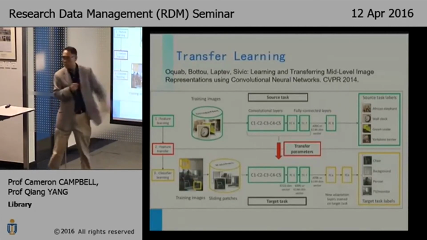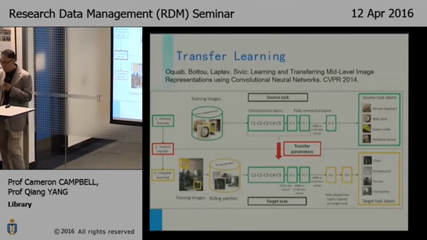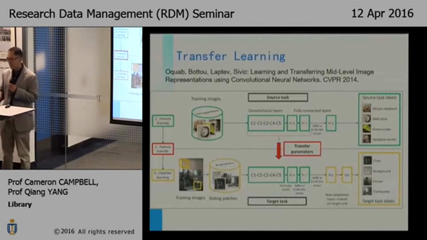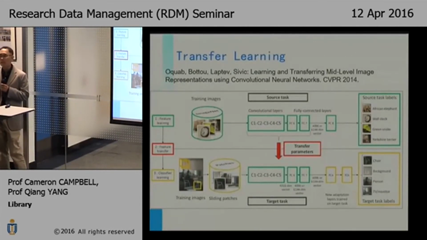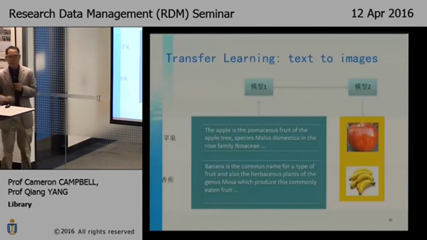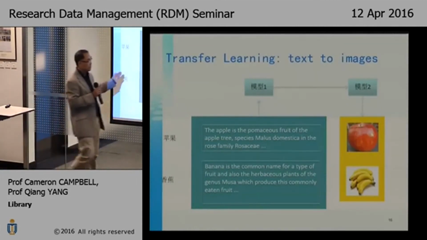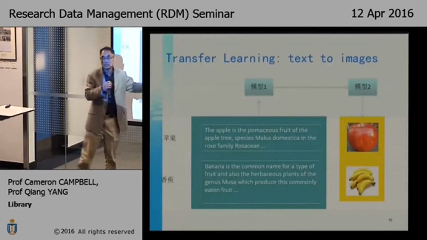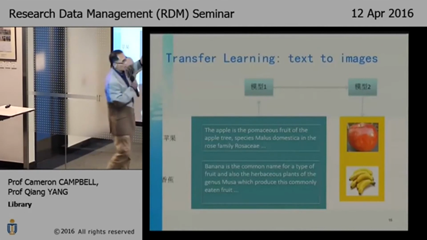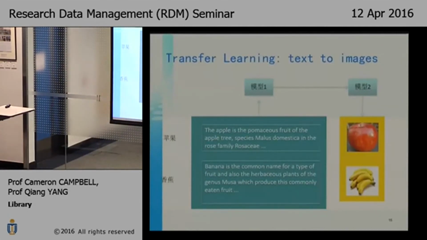People have been using this for image understanding to counter the problem of lack of big data. Even when we have small data, as long as we can relate to a previously well-known domain, we can still work. So this is transfer learning. This is actually my field, and in my field, I take it to the extreme of having the source data completely different from the target data.